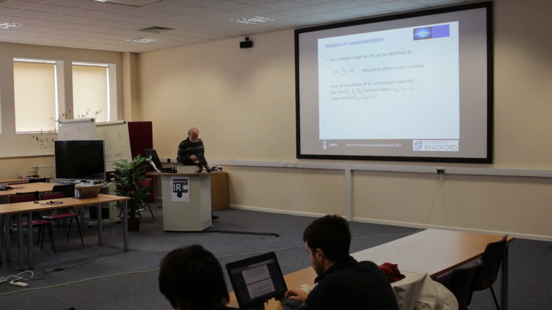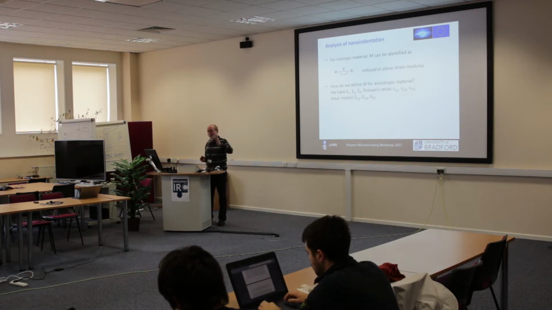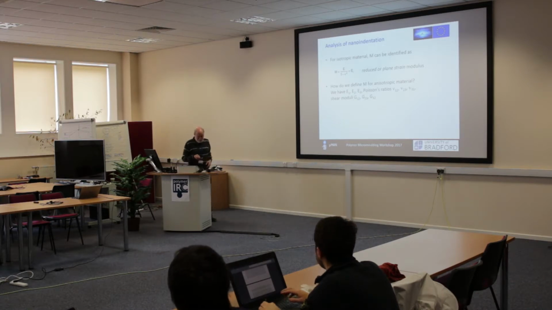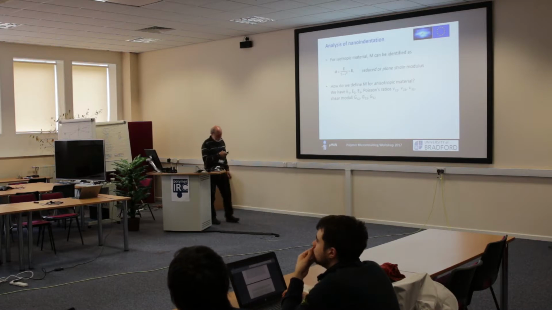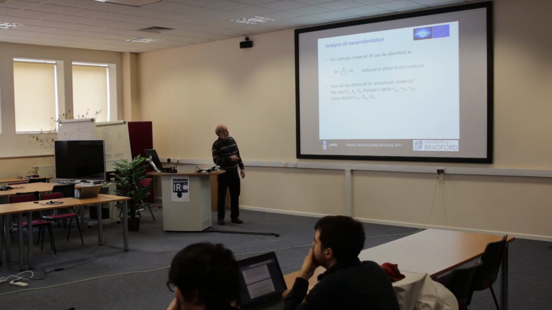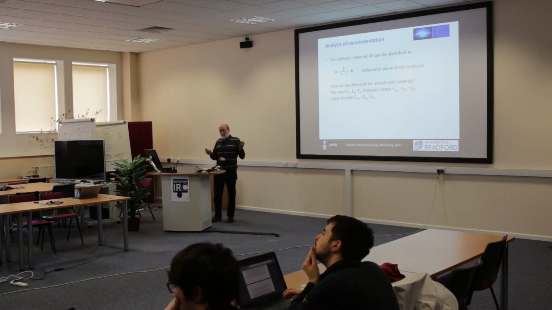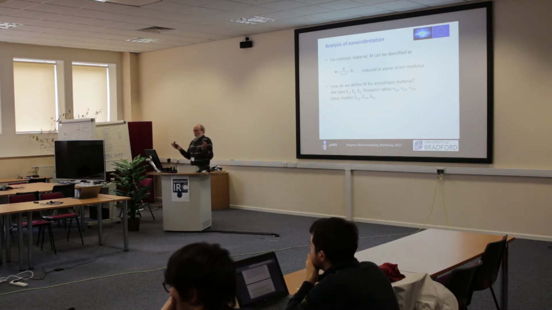Now, we can do the same measurement for any material. You can get the slope, and we can calculate the indentation modulus. The question is, how do we interpret that in terms of this bunch of elastic constants? The other problem with anisotropic materials is that in isotropic materials, Poisson's ratio is between 0 and 0.5.